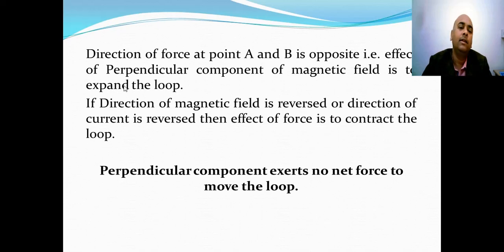That is, the effect of the perpendicular component of magnetic field is to expand the loop. If the direction of magnetic field is reversed or the direction of current is reversed, then from the right hand thumb rule we can calculate that the effect of force will be to contract the loop.